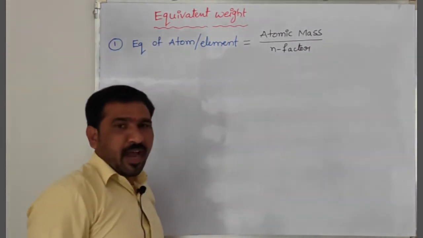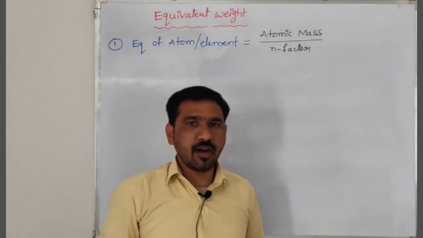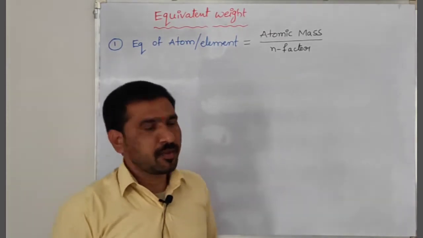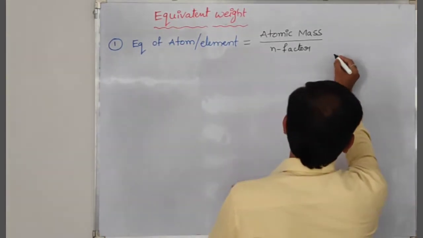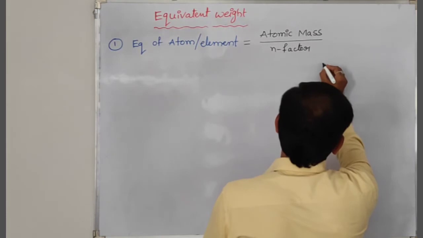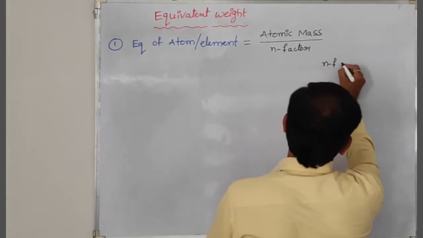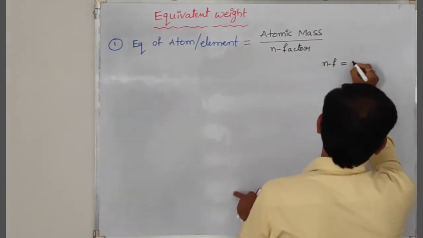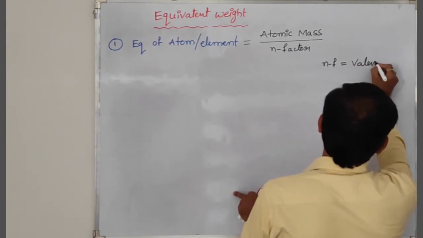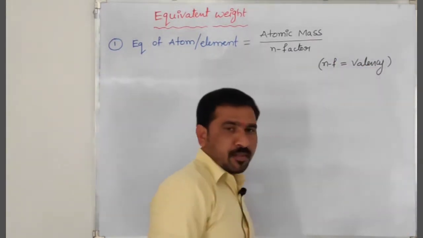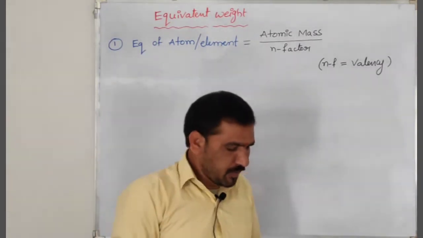So in terms of atom or element, n factor is what? Beta, here n factor is equal to valency, right? Let me give an example.